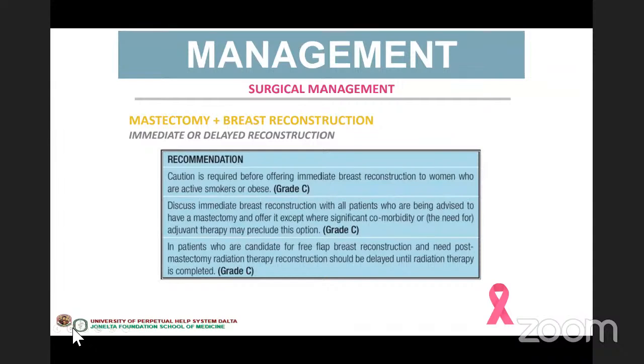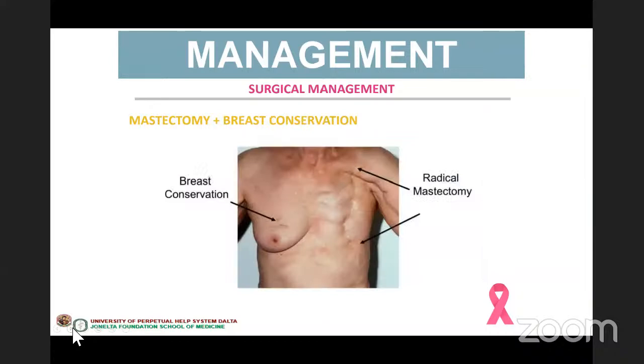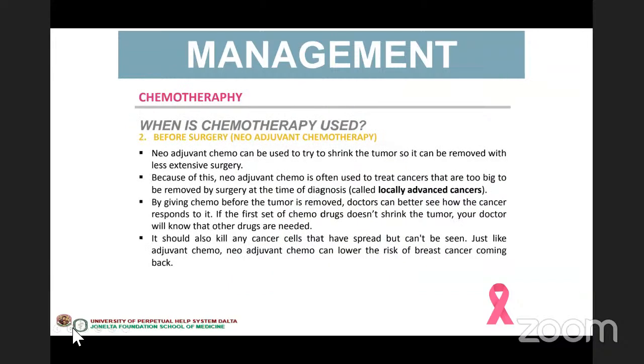So these would be the recommendations for breast reconstruction. All are grade C evidence, so there's no grade A or B evidence.